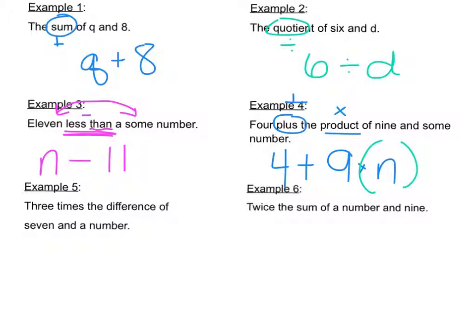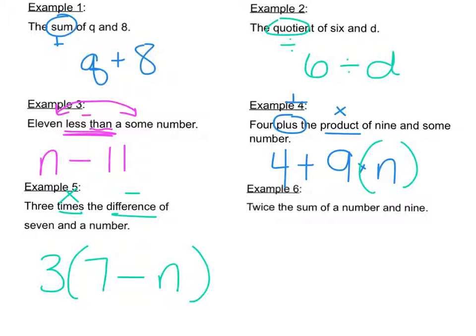Example 5 is 3 times the difference of 7 and a number. So we're going to take the difference of 7 and a number, and difference is subtraction.